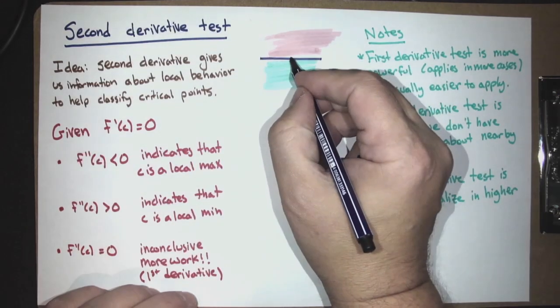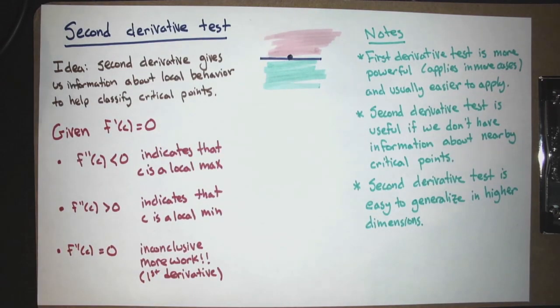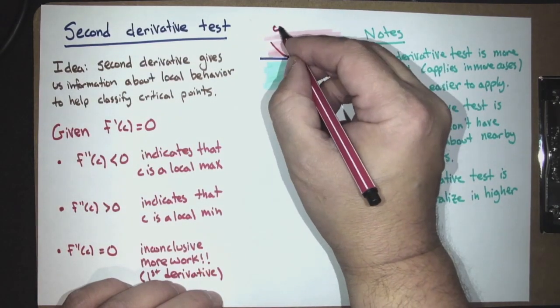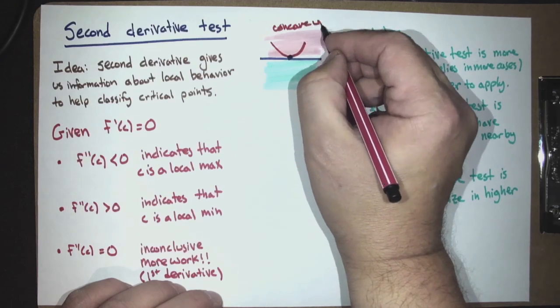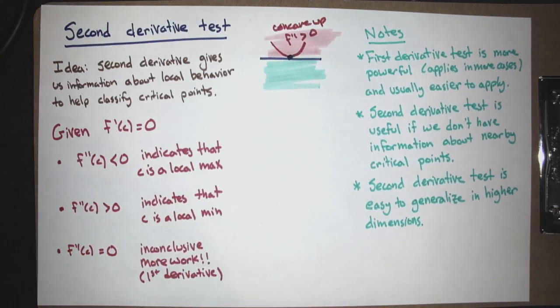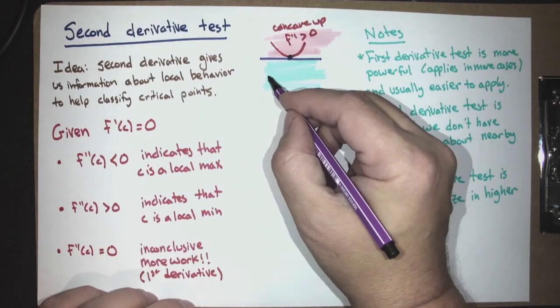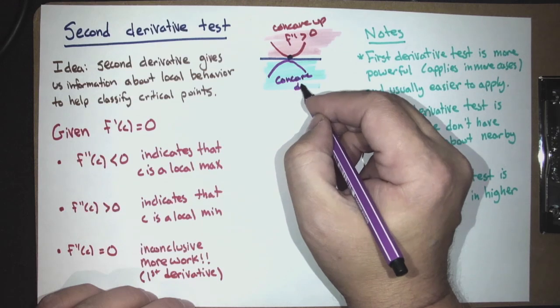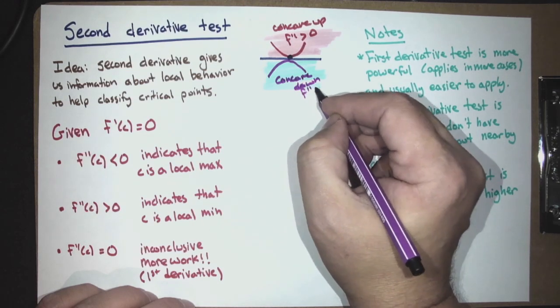Do you remember what side is what? If I'm on the top side, what type of concavity is that? Concave up. So here, this is your concave up, and that's if your second derivative is positive. If you're on the bottom side, what are you? Concave down. And that's if your second derivative is negative.